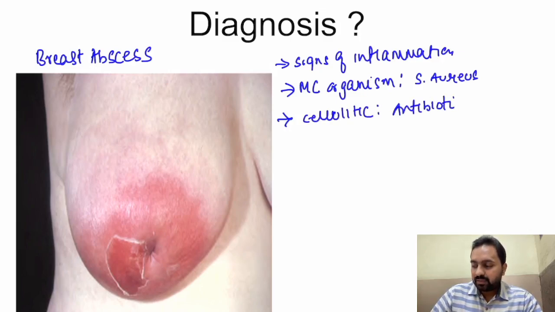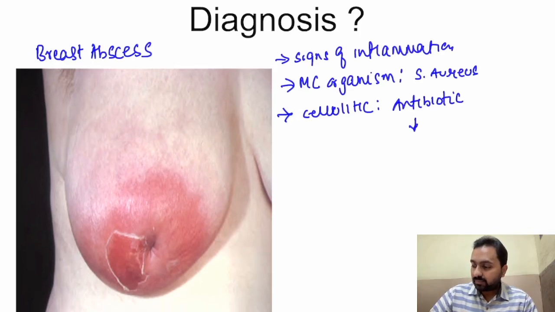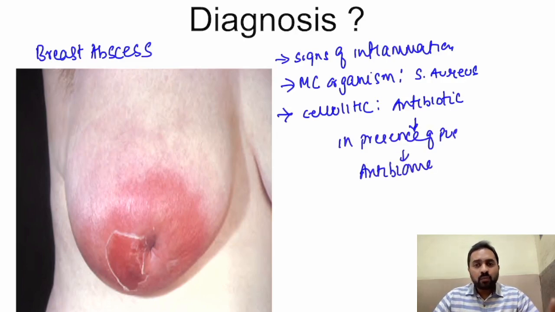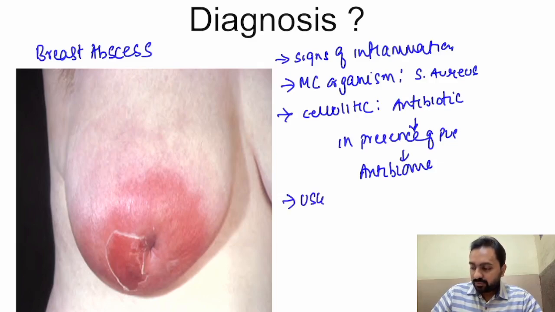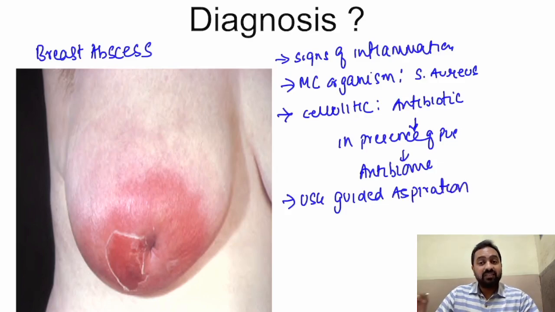And always remember that if you give antibiotics in the presence of pus, what is going to form? An antibioma. Now, prior to this, what we used to do for an abscess was incision and drainage, but now with modern technology we have gone to USG guided aspiration, which usually suffices for the treatment. If this fails, then you might require surgery.